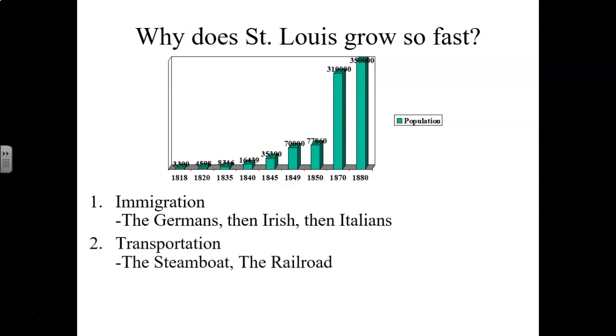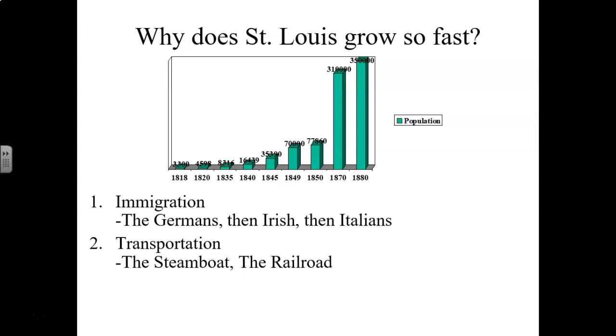Number 2 is going to be transportation, and we will be discussing the steamboat this unit, and then we'll talk more about the railroad in the 1870s and 1880s time period when we hit that. But the steamboat allows for traffic to go up and down the river, whereas before the steamboat, you could only go downriver.